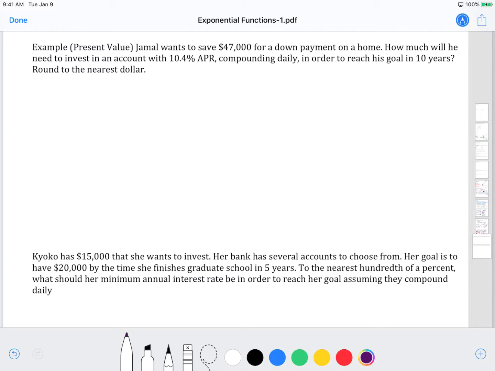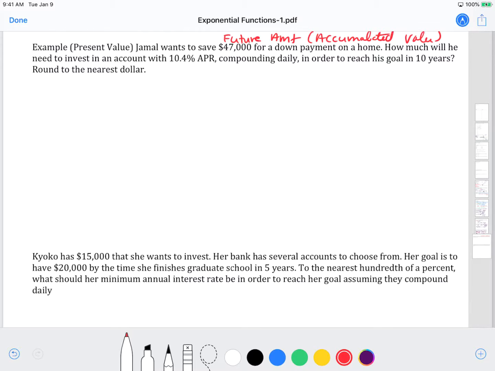So the $47,000 is what he wants to have in the future. And a lot of times you'll hear that this is called the future amount because of that. But really what it is is the accumulated value. That's your A of t. Okay? It's giving you the A of t or your future amount.